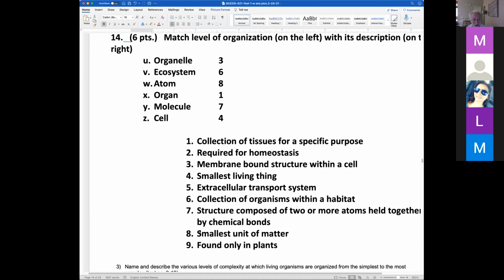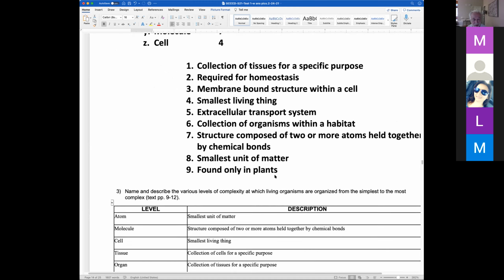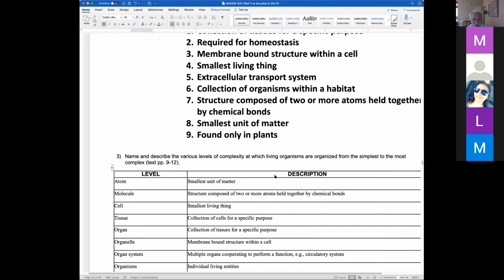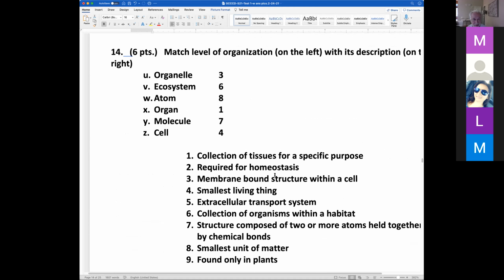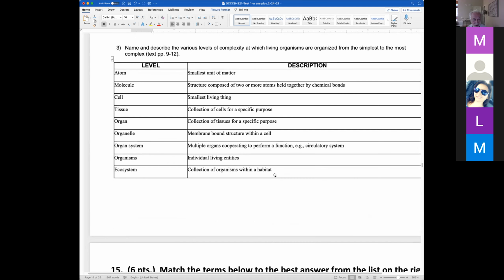An atom is number 8, smallest unit of matter. An organ, number 1, a collection of tissues for a specific purpose. Molecule, 7, structure composed of 2 or more atoms. And a cell, number 4, smallest living thing. So any questions about that? Or how the question was derived?